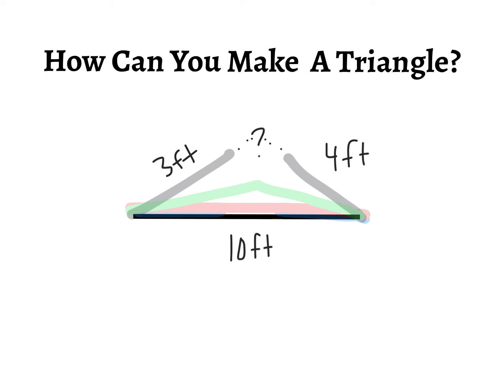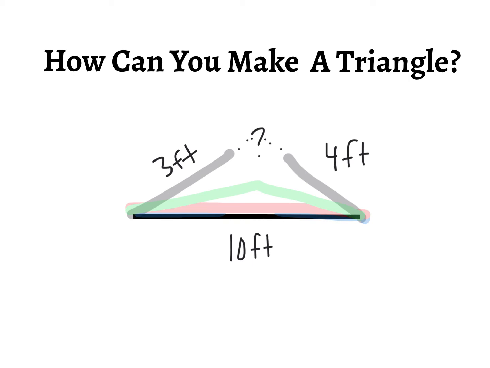So the rule here is this. The sum of any two sides of a triangle must be greater than the third side. In particular, we're worried about these two shorter legs, the small and the medium leg. If those two are long enough and their sum is bigger than the third side, we should be able to construct a triangle out of it.